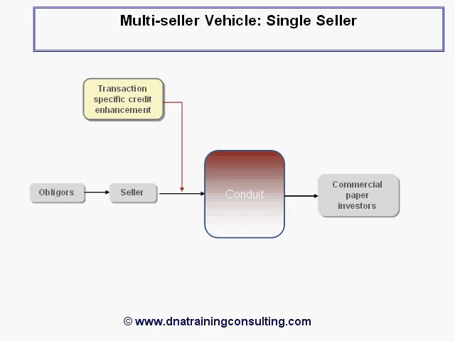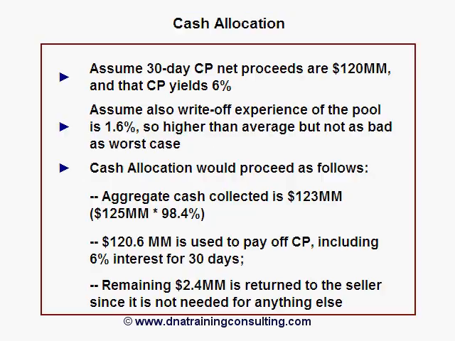The simple diagram you see here summarizes what we have described so far. The reference to transaction-specific credit enhancement in the box at the top of the page is to the haircut applied to the receivables pool to calculate the price paid by the SPV.